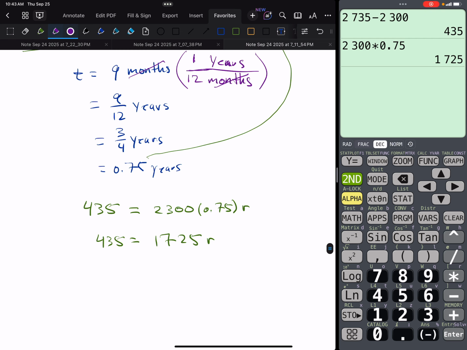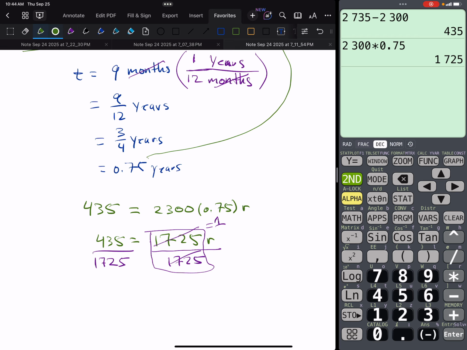Now, to solve for that R, I need to divide both sides by 1725 because the 1725 will cancel off the right-hand side. What I do to one side of the equation, I have to do to the other side. The reason I'm dividing by 1725 on the right is that this divided by itself equals 1. So those cancel, and it leaves me with an R on the right-hand side. And the reason I'm dividing by 1725 on the left is because, for this equation to remain true, I have to do it to the other side as well.